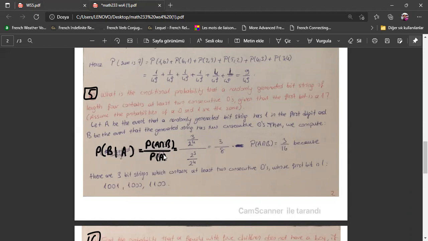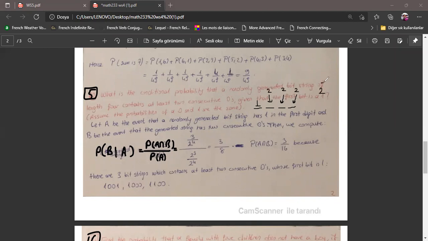Okay, so what's the probability of A? A is the event where the randomly generated bit strings have 1 in the beginning, in the first digit. So we have 2 possible outcomes for each of these digits. So what do we have? We have 2 possible outcomes for each of them.